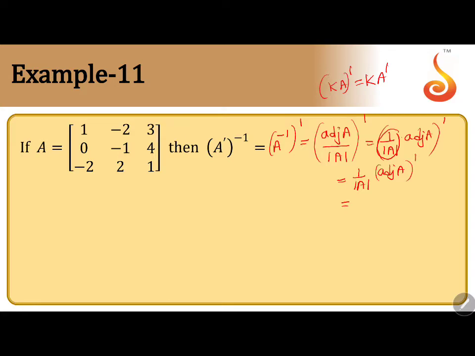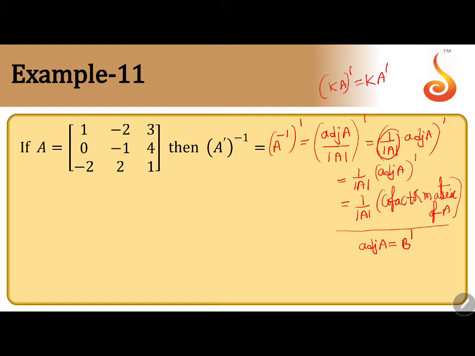So we know what adjoint is. Transpose of the cofactor matrix is the adjoint. If you take the transpose of the adjoint, you will get the cofactor matrix. So this is the cofactor matrix of A. How it comes, I will show you. Say for example, B is a cofactor matrix, and adjoint of A is given by P'.